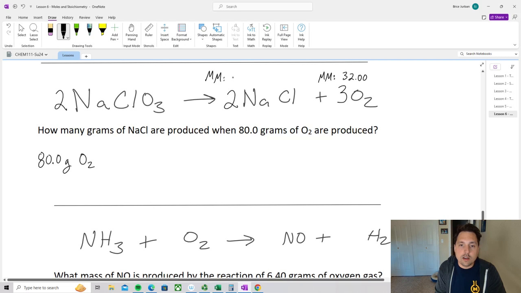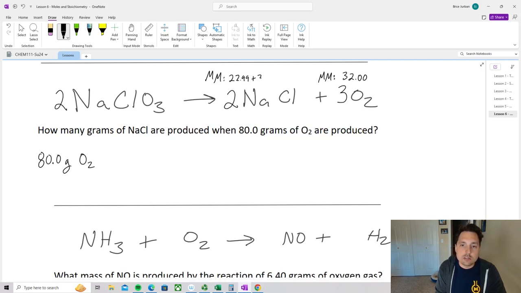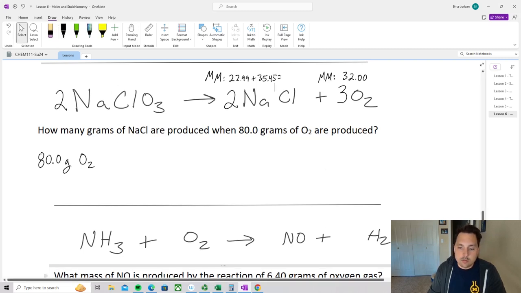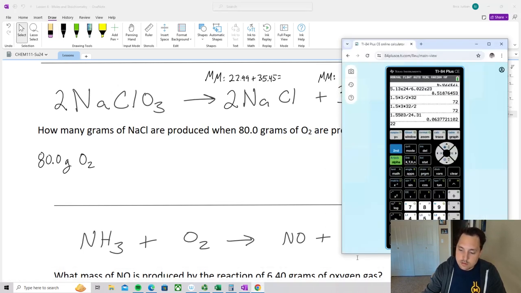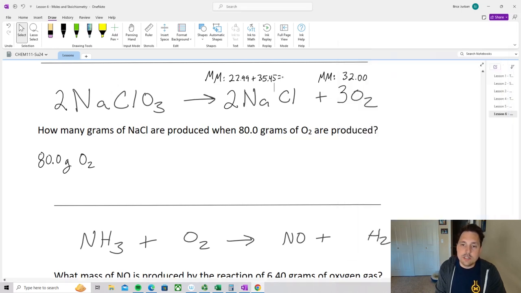For sodium chloride, sodium is 22.99 and chlorine is 35.45. And when we add those together, we're going to get the molar mass of sodium chloride is 58.44 grams per mole. All right, so let's start by converting the mass of oxygen to moles of oxygen.